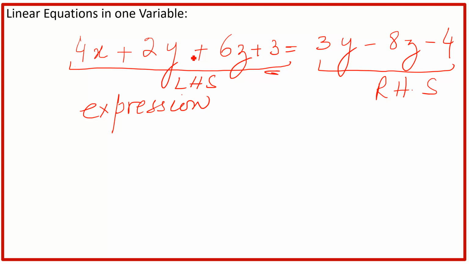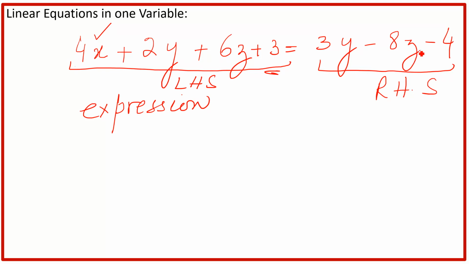See, this expression has 4x, then plus 2y, plus 6z, plus 3. Individually, these are called terms. 4x is one term, plus 2y is one term, similarly 6z is one term. So this expression has 4 terms: 1, 2, 3, and 4.